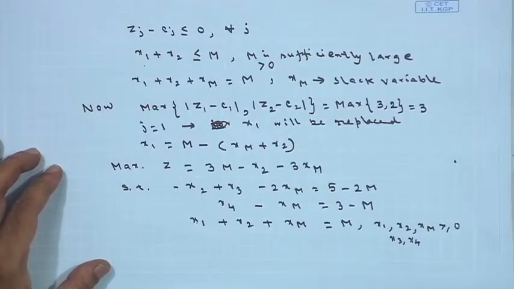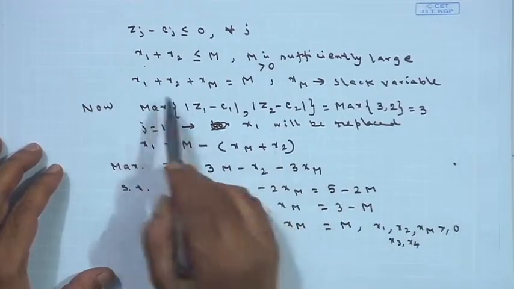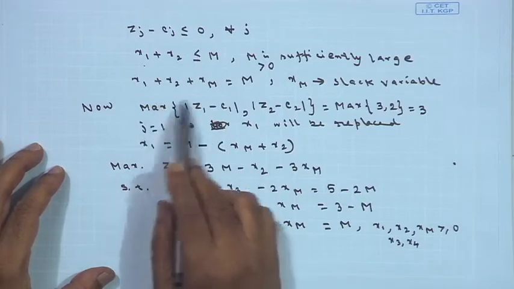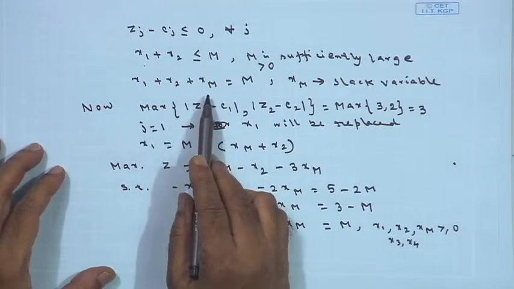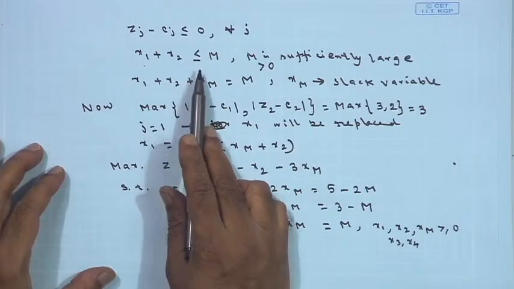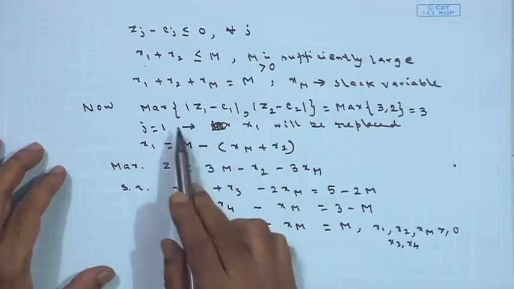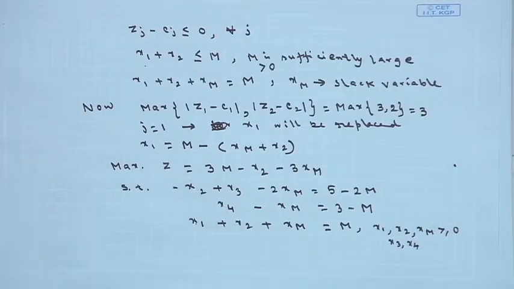So, therefore, I am adding a new constraint x1 + x2 less than or equal to M. Then I am adding the slack variable and making this new less than or equal type constraint into an equality constraint. Now, I have to replace one variable. How to replace the variable?